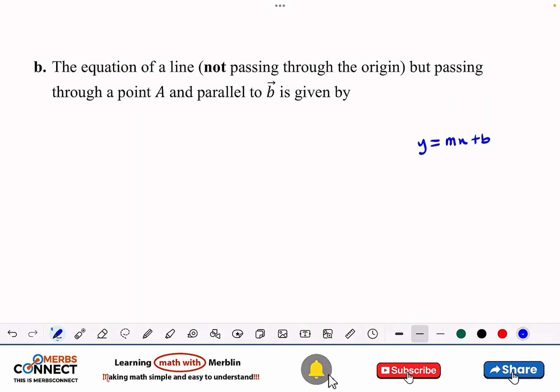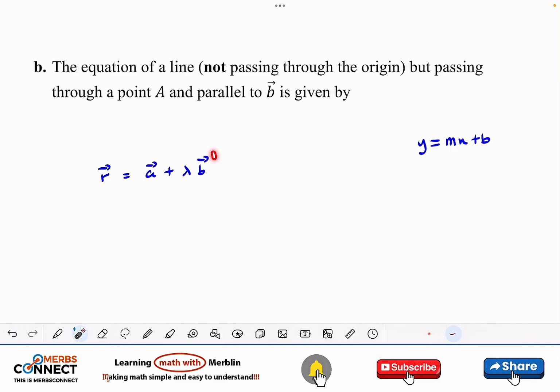So the equation of the line, we are going to have something like vector r is equal to, passing through the point A, right? It's passing through A. So A plus lambda B, right? So this is what I have here, and this is my y-intercept, and this is the slope.